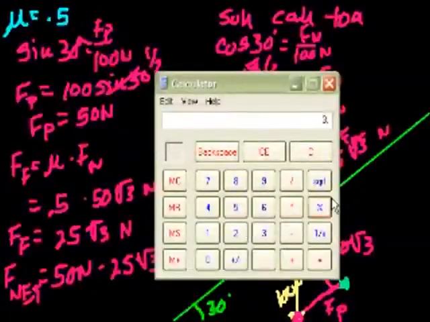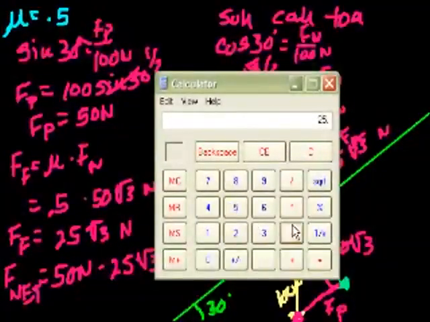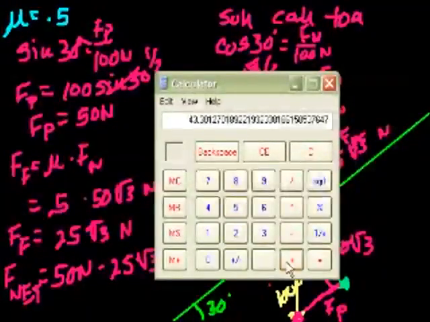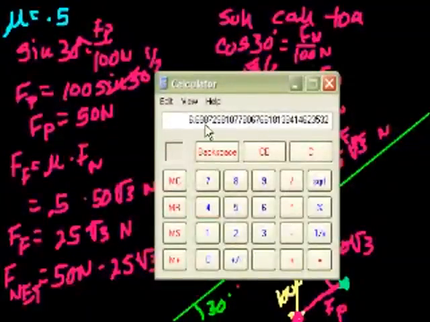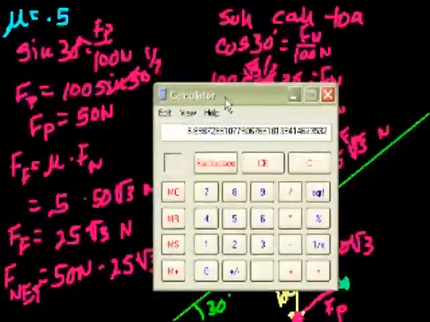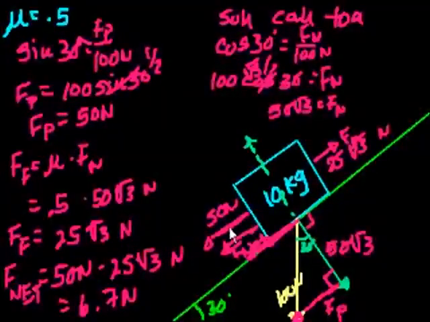Take the square root of 3, times 25, make that into a negative number, and then plus 50 equals roughly 6.7 newtons. So this is equal to 6.7 newtons. So friction is negating a lot of the force of gravity parallel to the surface. So the net force is only 6.7 newtons this way.